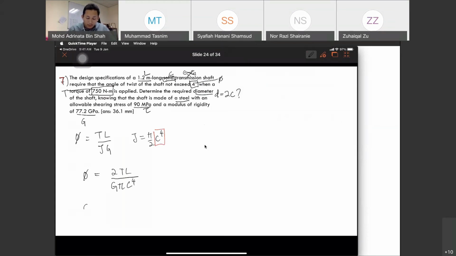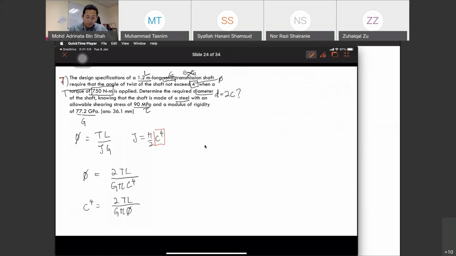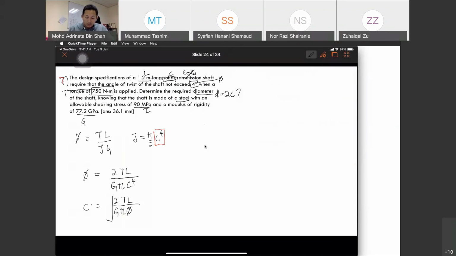And then C to the power of 4 equals 2TL over G pi phi. So we remove the power of 4 and then we need to take the fourth root.